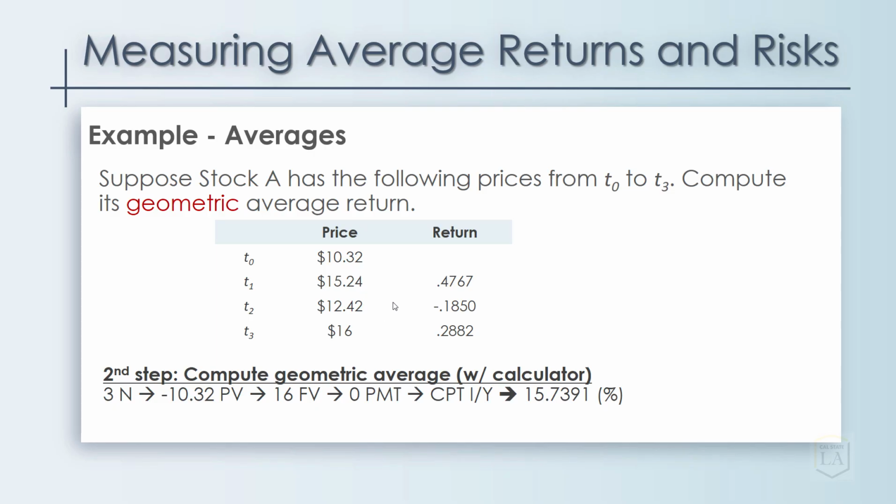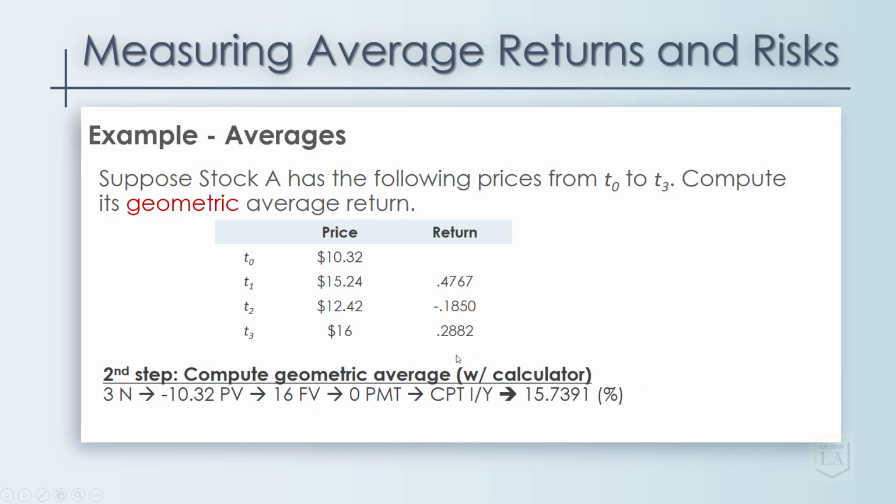Compounded means that you're never selling this investment. And then you will be selling it at 16 at the terminal period. No payment along the way. Then why don't we just compute I/Y, which is the interest rate, and you would have 15.7391 as your answer, which is basically the same answer as what you got from your formula.